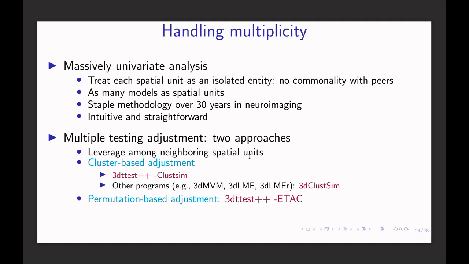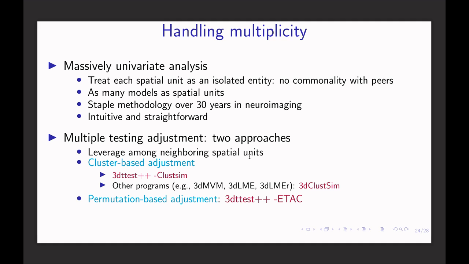The other approach is called the permutation-based adjustment. In AFNI, that's only available in 3dttest++, embedded with an option called the -Etac. So the idea is also relatively intuitive. I usually use a mountain as an example to describe and understand the approach.